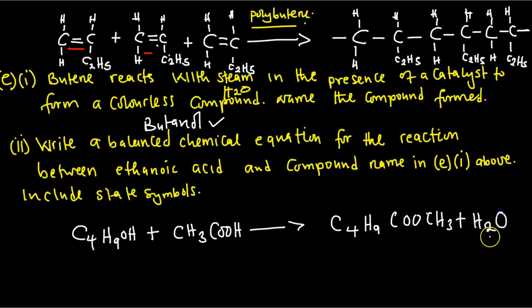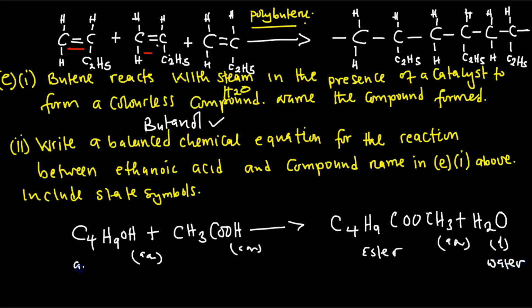This is liquid, this is aqueous, this is aqueous, and of course this is aqueous. So when an alcohol reacts with an acid, what is formed is an ester plus water only. These are the products that are formed.